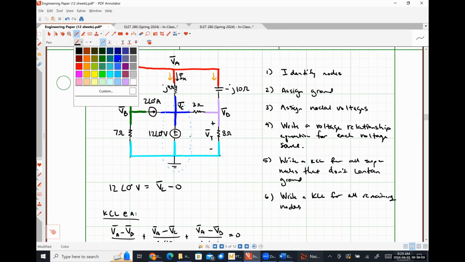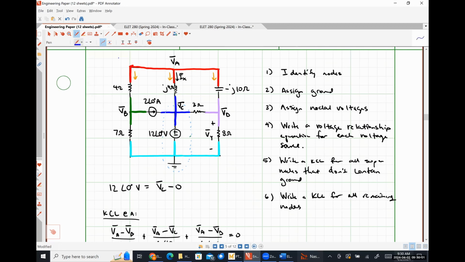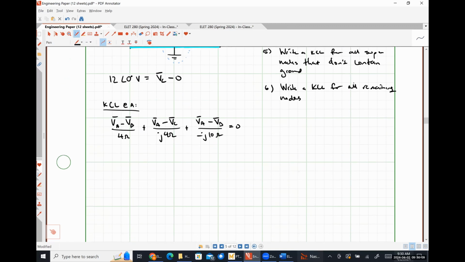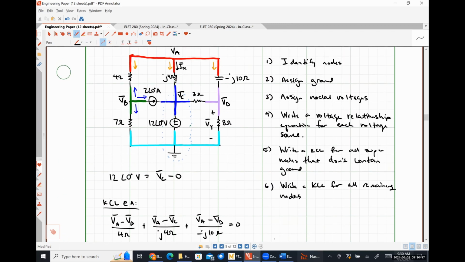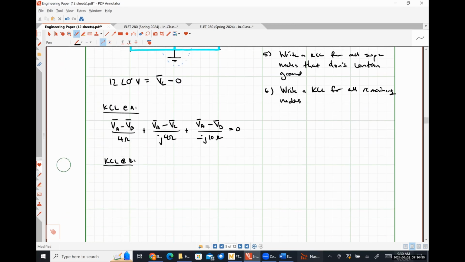So now we're going to do KCL at B. So we're going to have this current up, this current to the right, and this current down. So what's the current flowing up through the 4 ohm resistor going to look like? VB minus VA over 4 ohms. Absolutely right.